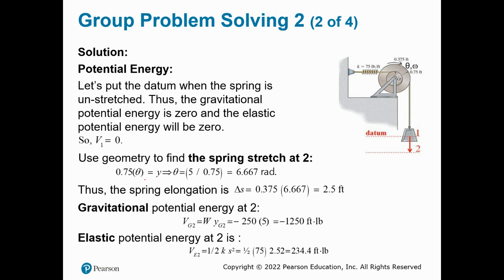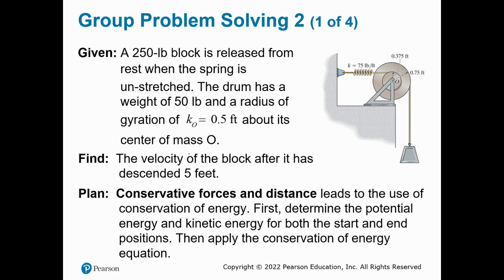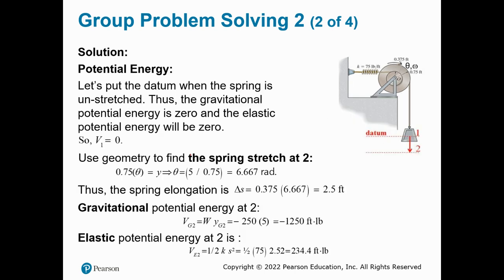So what we're doing here is calculating, coming down 5 feet, we convert that 5 feet to how much angle, in radians, we turn on this pulley.